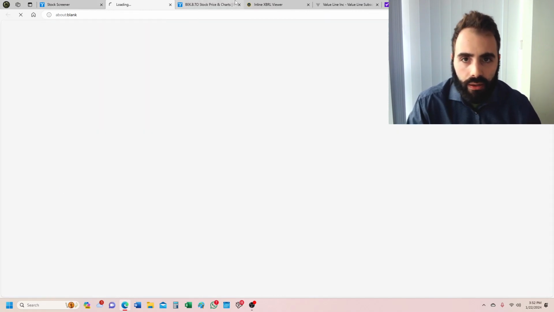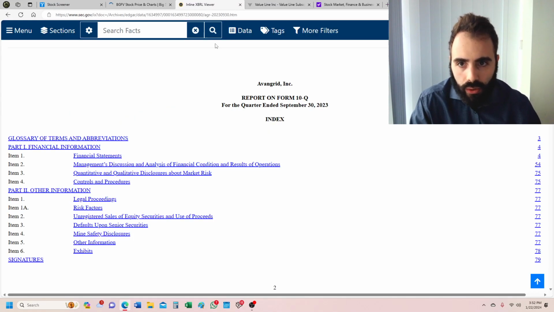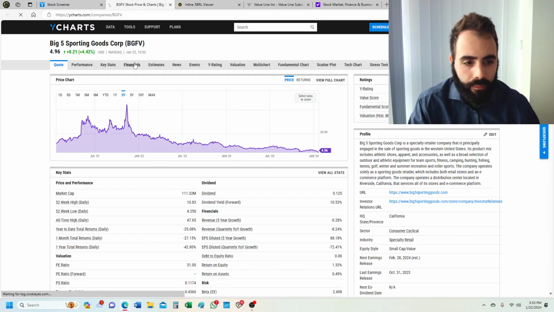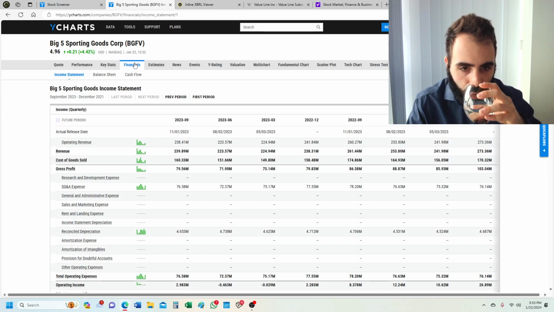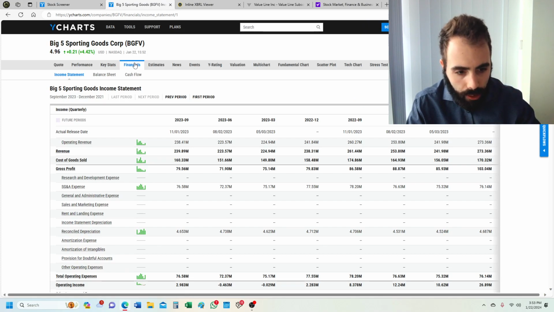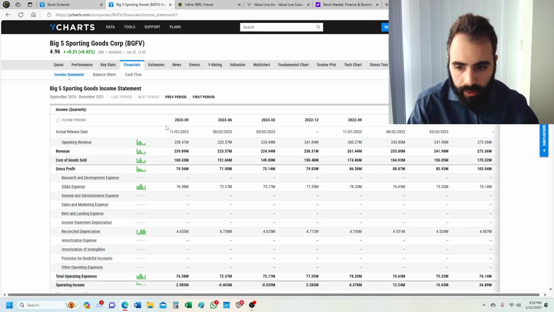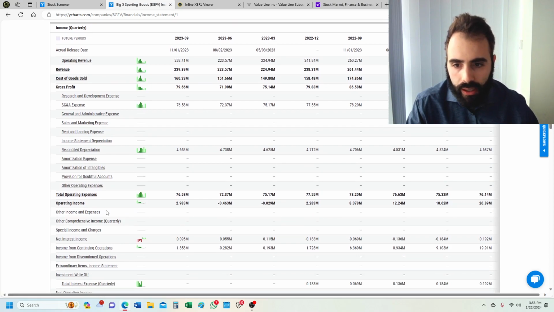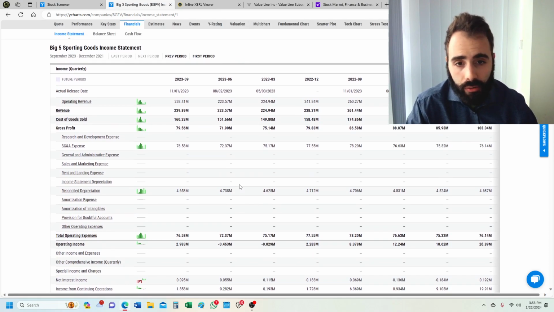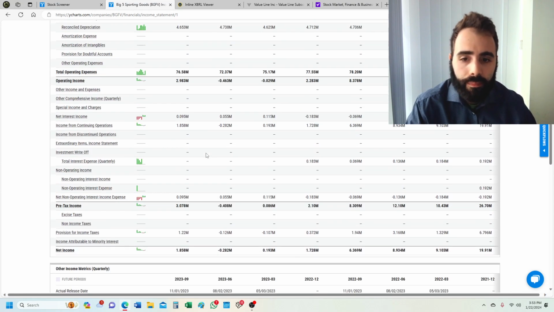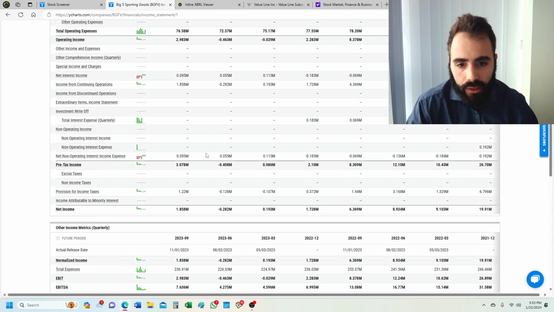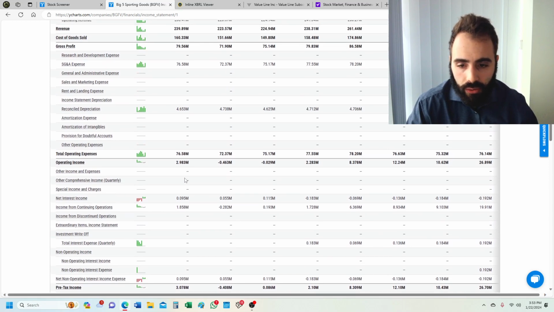Okay, Big Five Sporting Goods. This is another one that's interested me a little bit. Their operating income has fallen terribly, as have their revenues, and their net income is still positive, which is quite surprising in the last quarter.